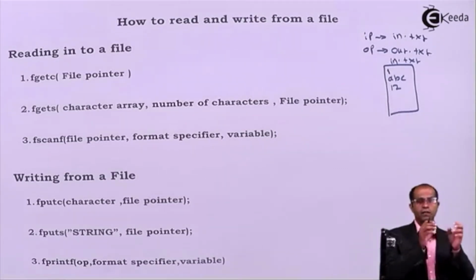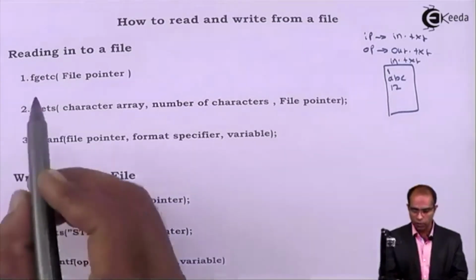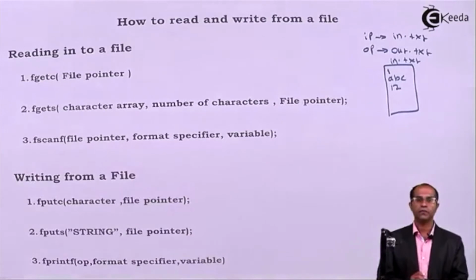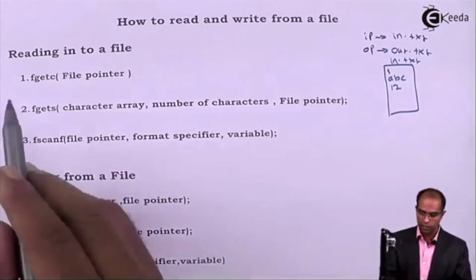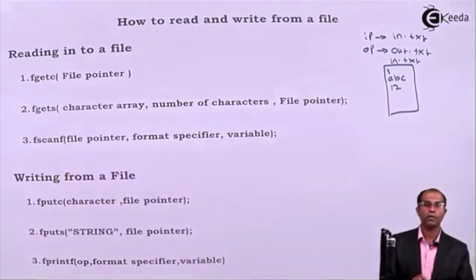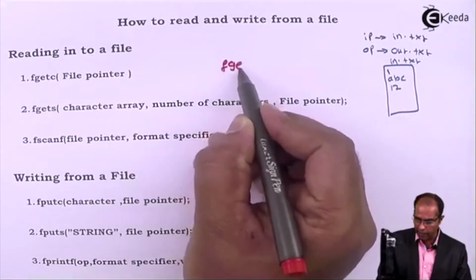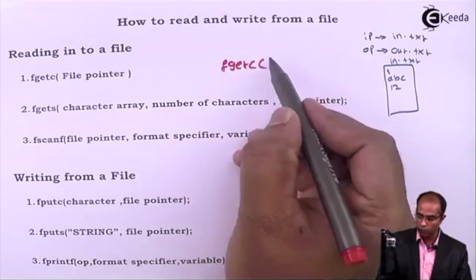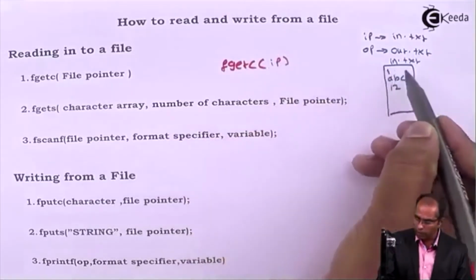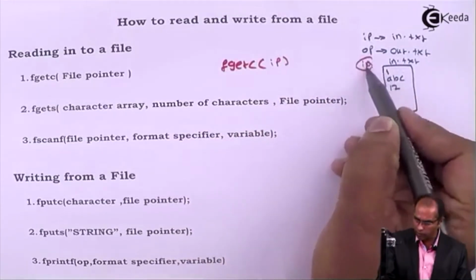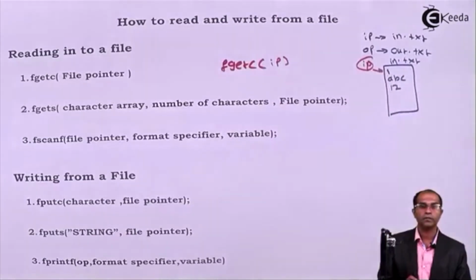Let 1 be read as a character, A be read as a character, B, C, 1 and 2. So in that case, I'll use fgetc. The syntax says fgetc should always get a file pointer. So I'll say fgetc and then the file pointer, let me say IP, because IP is associated with in.txt.